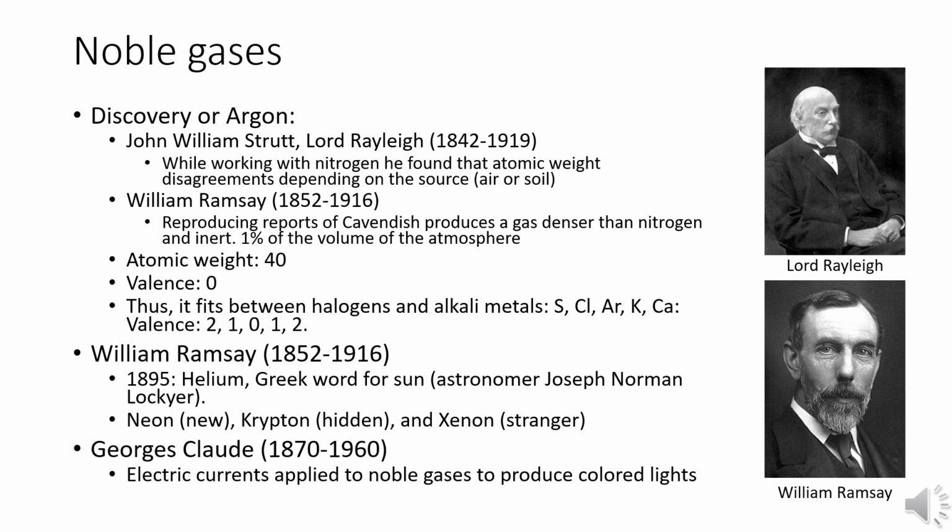Then in the next period you will find potassium and calcium. So you have this trend of valence of 2, 1, 0, 1, 2, which is seen today in the periodic table. Later on, in 1895, William Ramsay discovers helium, from the Greek word for sun.